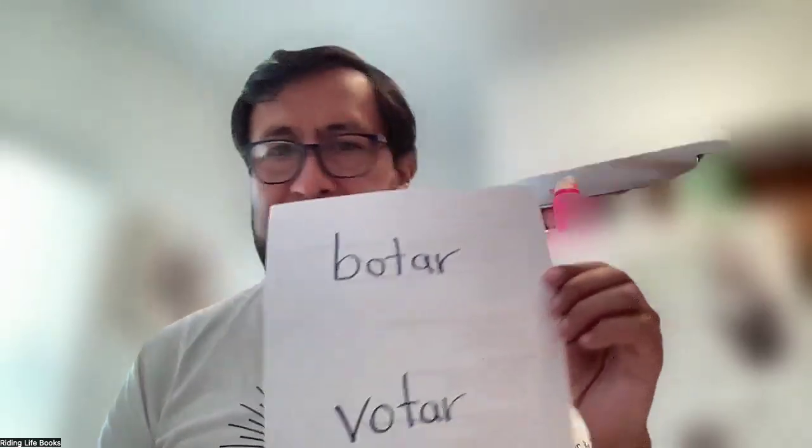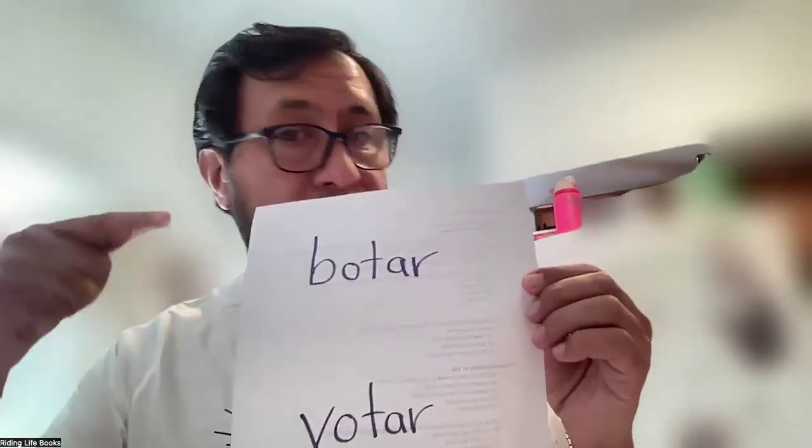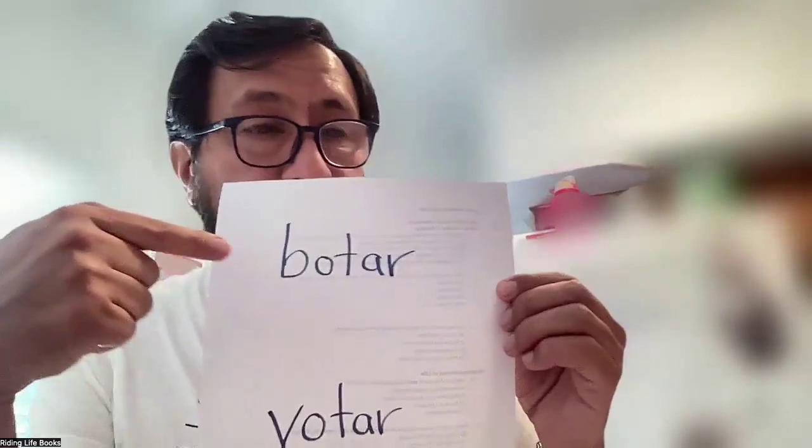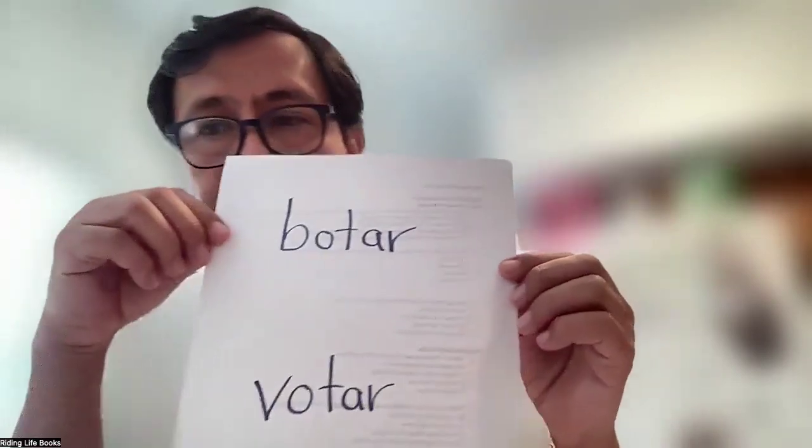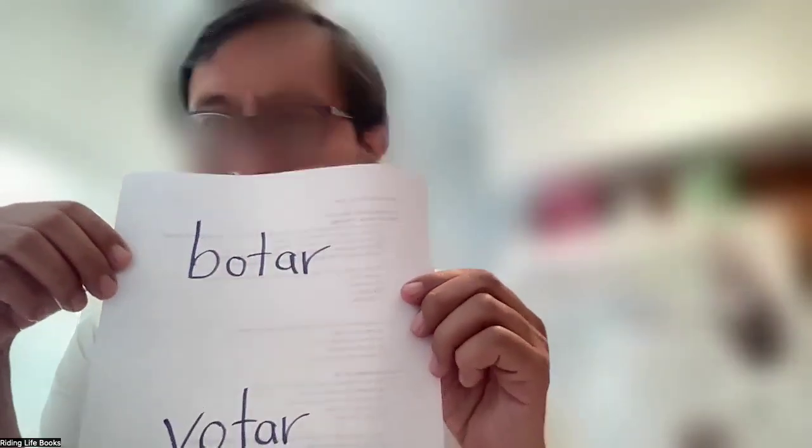Actually, we don't have any differences. We pronounce both words in the same way, even though they mean something different. The first one, botar, means to drop away something or to bounce a ball. And the other is when there are elections and you go to the polls and you emit your vote. So we don't have a problem pronouncing this in Spanish, and we don't make any difference between both sounds.